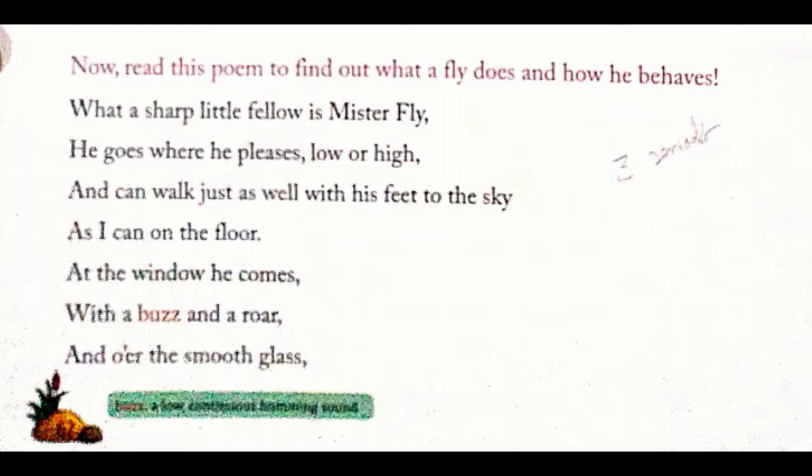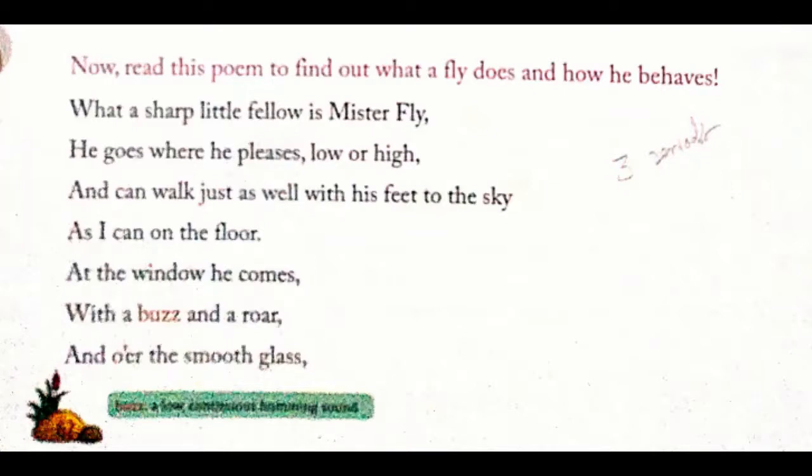Now let's move ahead. At the window he comes with a buzz and a roar. Buzz is a sound. Like any fly, you must have heard in your ear the sound they make, like this buzz sound. This is created by the fly. So at the window he comes with a buzz and a roar, and over the smooth glass can easily pass, or through the keyhole of the door.